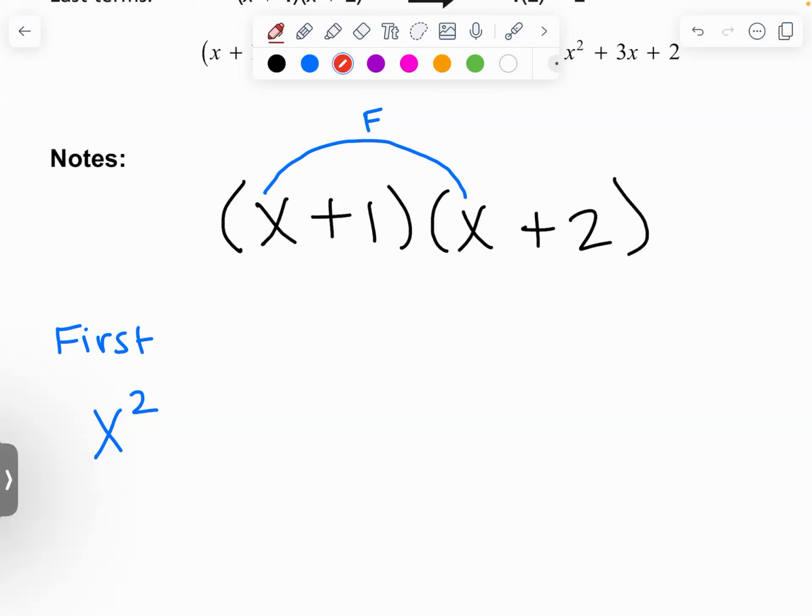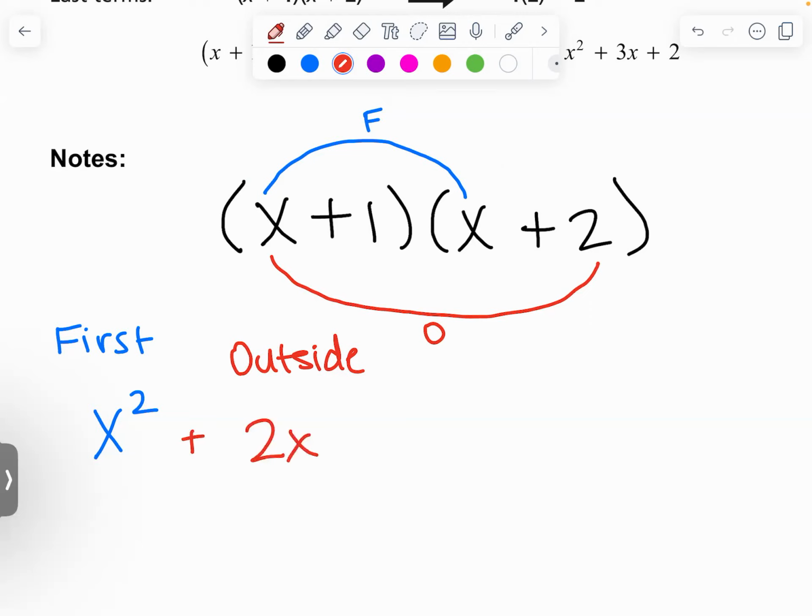Okay, then we have our outside product. What is x times 2? Okay, and it's going to be positive, so I'm going to write plus 2x. Then we have our inside.